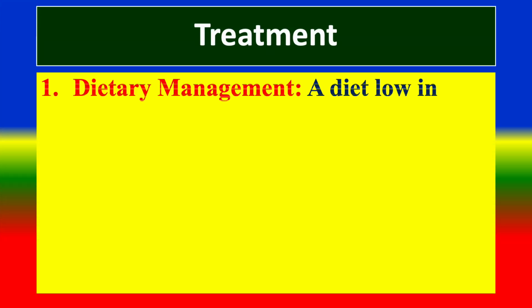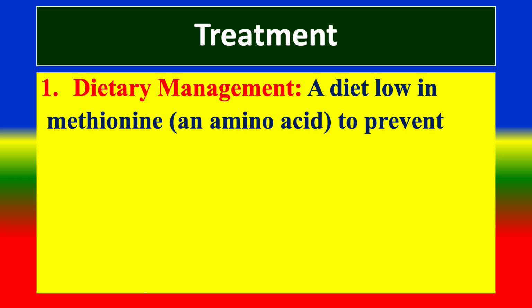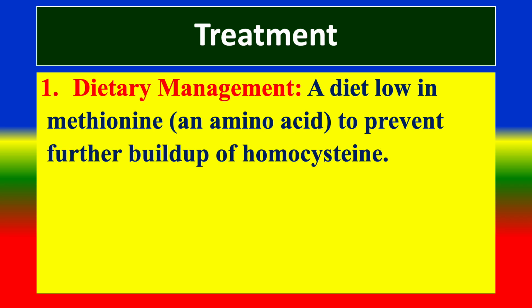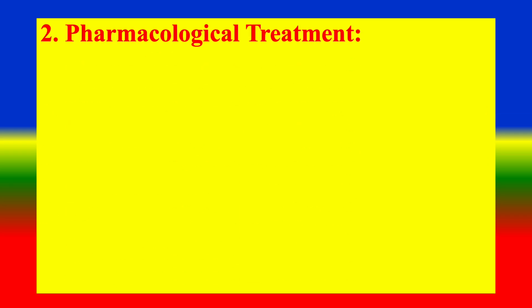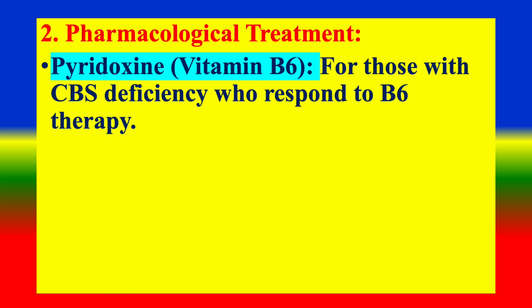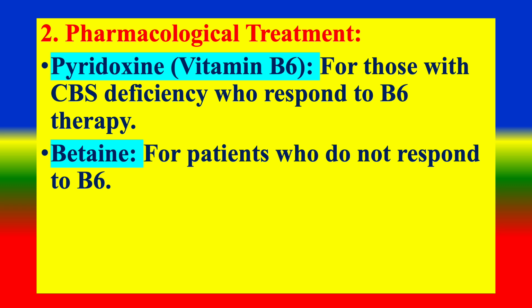Treatment options. 1. Dietary management, a diet low in methionine and amino acids to prevent further buildup of homocysteine. 2. Pharmacological treatment. Pyridoxine, vitamin B6, for those with CBS deficiency who respond to B6 therapy.